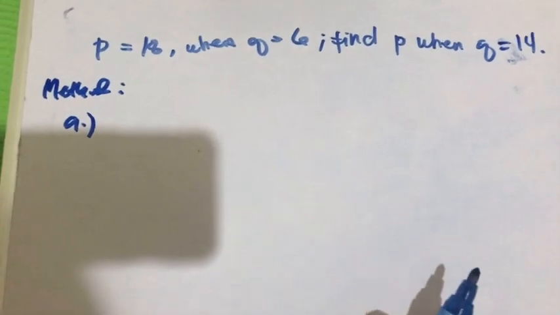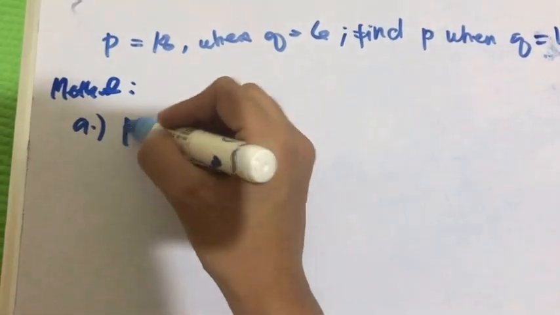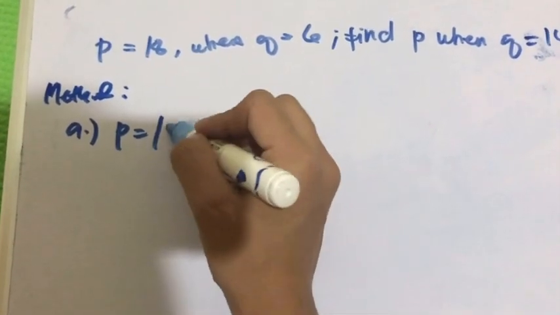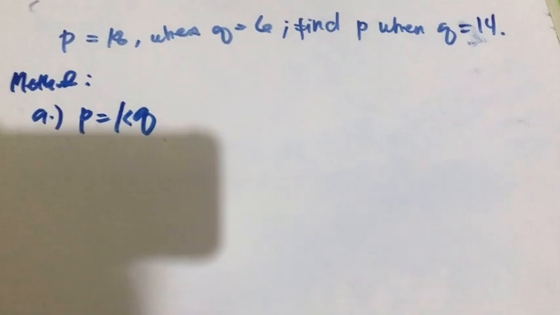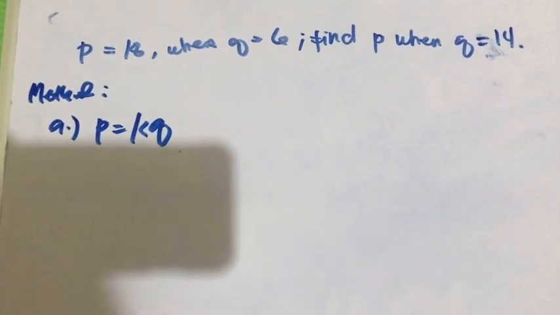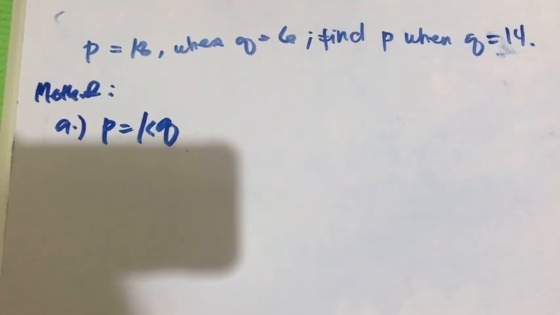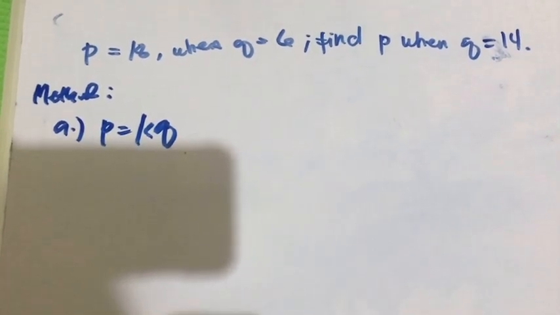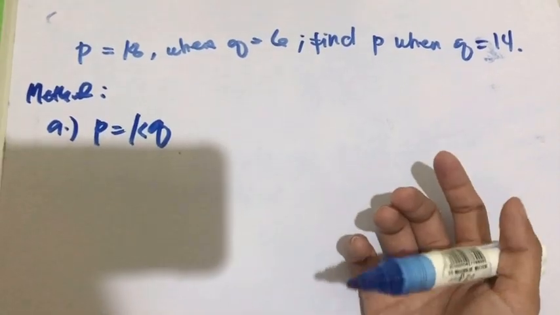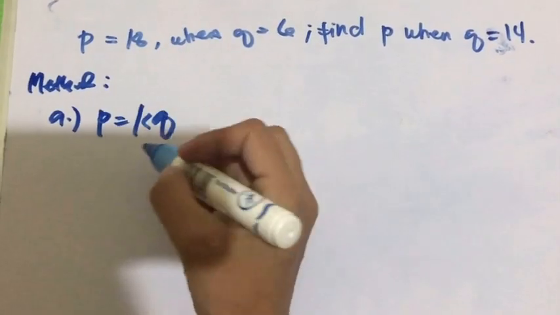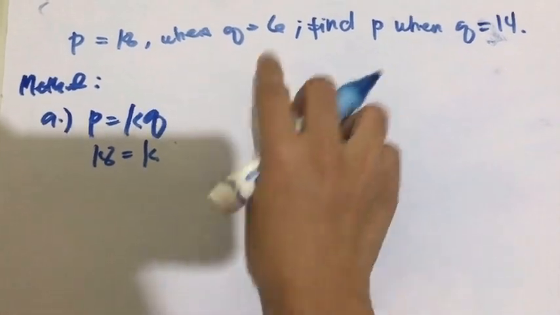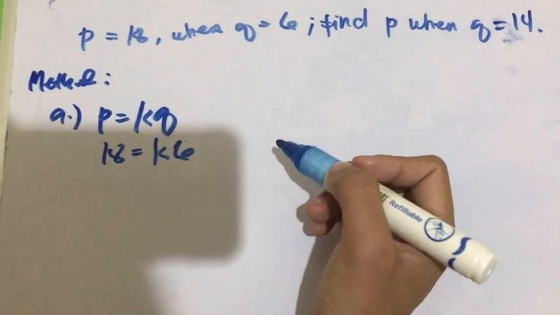So, first here, P varies directly as Q. That means P is equal to Q times a certain constant. So the first thing that you have to do is to find the value of K, and that is by substituting the first two given values. So for P here, we have 18, K, and that's Q, we have here 6.